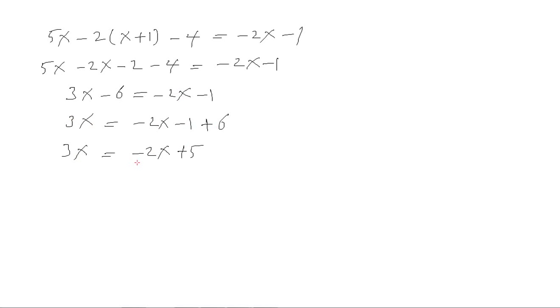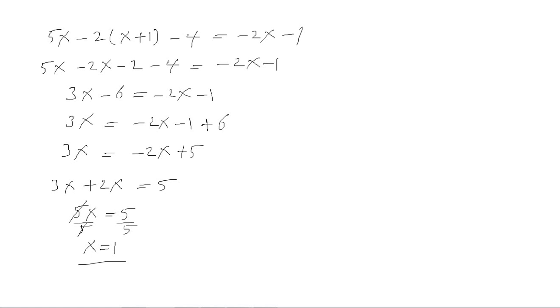Then I am going to move the minus 2x to the left side of the equation and at the same time negate it. So I have 3x plus 2x equals 5. So here I have 5x equals 5, which means x equals 1, because I can divide both sides by 5 and I will get x equals 5 over 5, which is 1. So that would be my final answer.